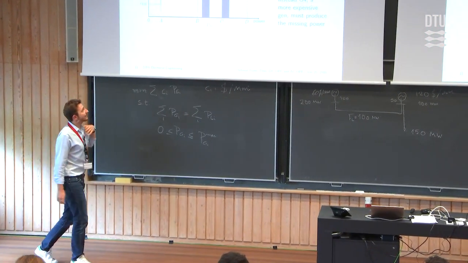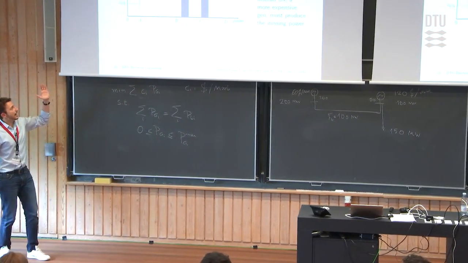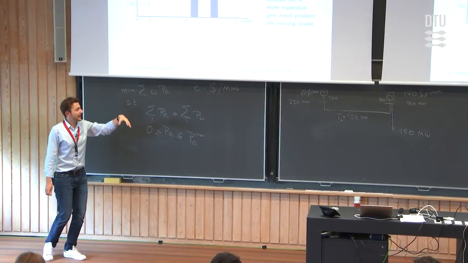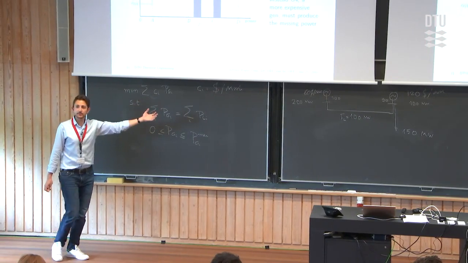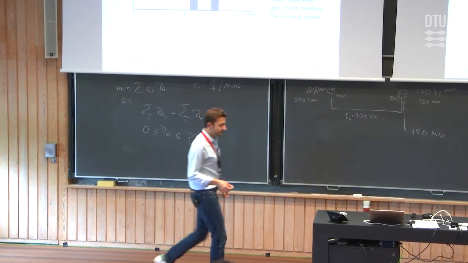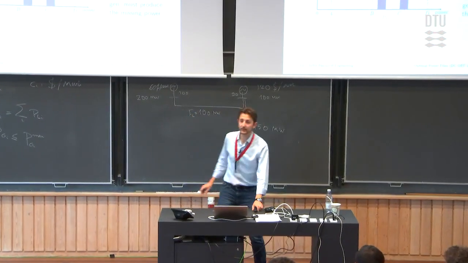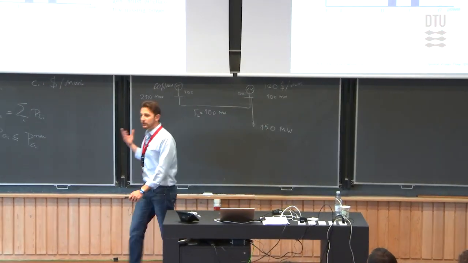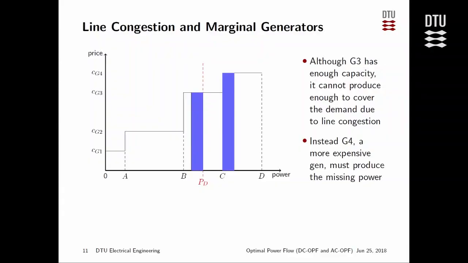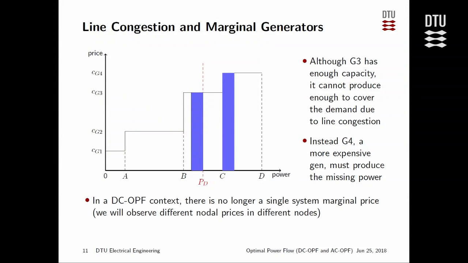So as soon as I have a congestion, I'm going to have to dispatch another generator, which is going to be more expensive, in order to cover my demand. Now, by doing that, you are going to see in the DC-OPF that you are going to get different prices. So we no longer have a uniform price for all of my area, but I'm going to have different prices on different nodes.